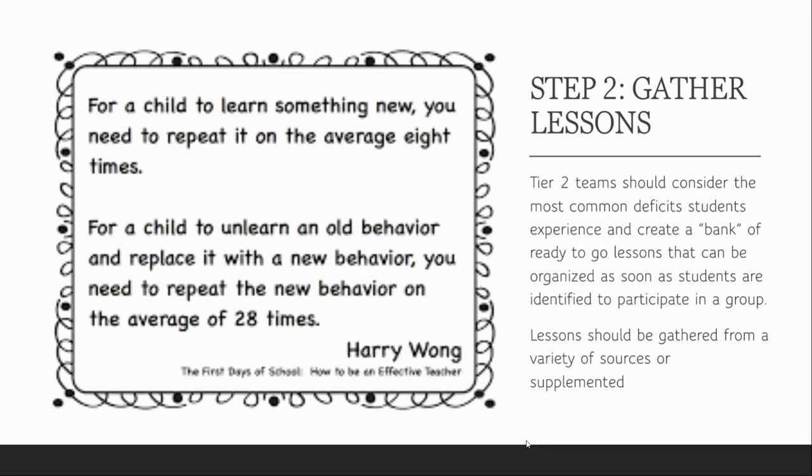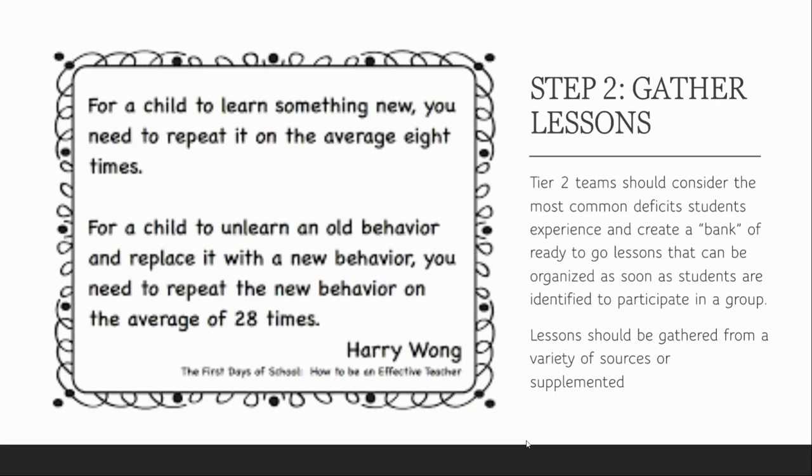So next, the tier two team should gather the lessons. They have to figure out what lessons they're going to use. The tier two team should consider the most common deficits that students are experiencing and create a bank of lessons that are ready to go and can be organized as soon as the students are identified to participate in the group. So remember, the goal of tier two intervention is to be readily accessible.